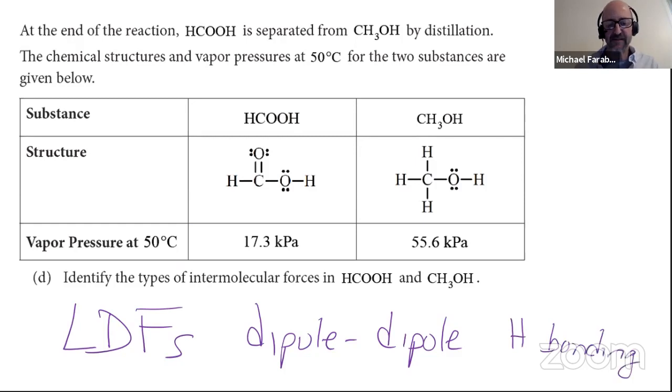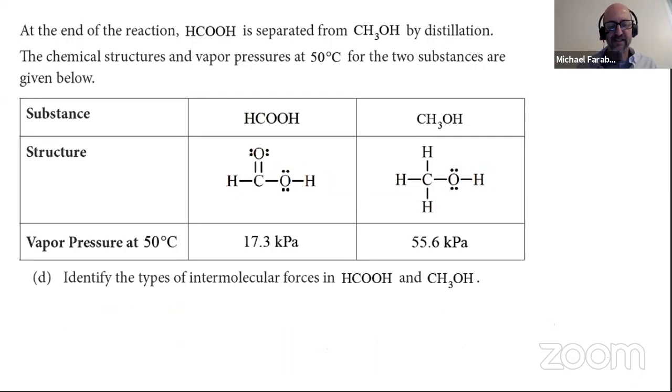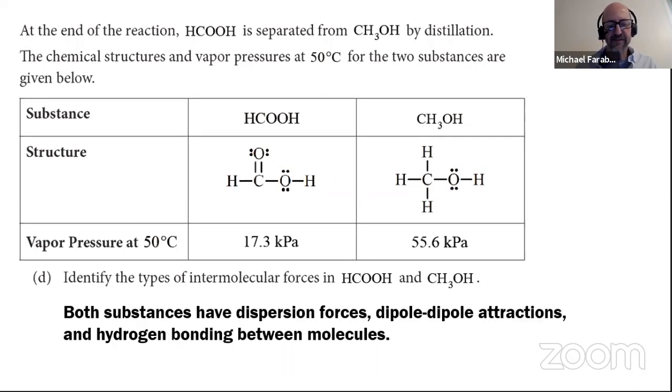They experience hydrogen bonding attractions with other molecules because they contain a hydrogen directly bonded to an oxygen. So all three of these IMFs would be experienced: LDFs, dispersion forces, dipole-dipole, and hydrogen bonding.